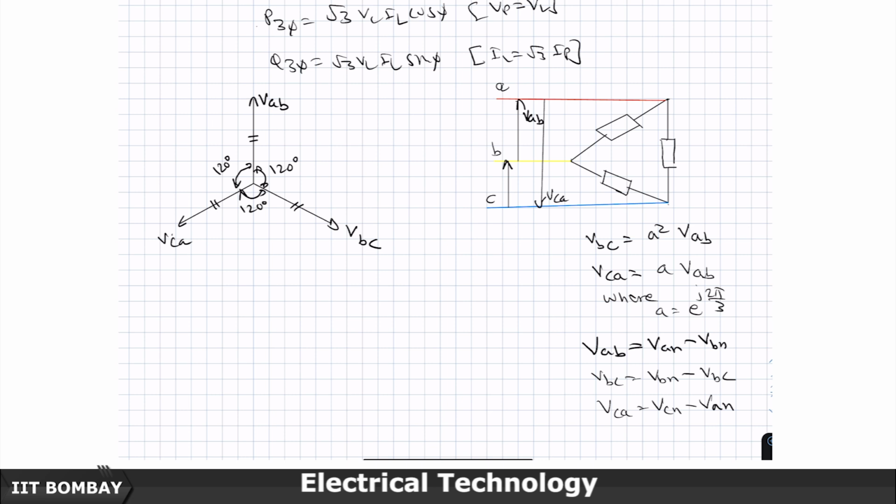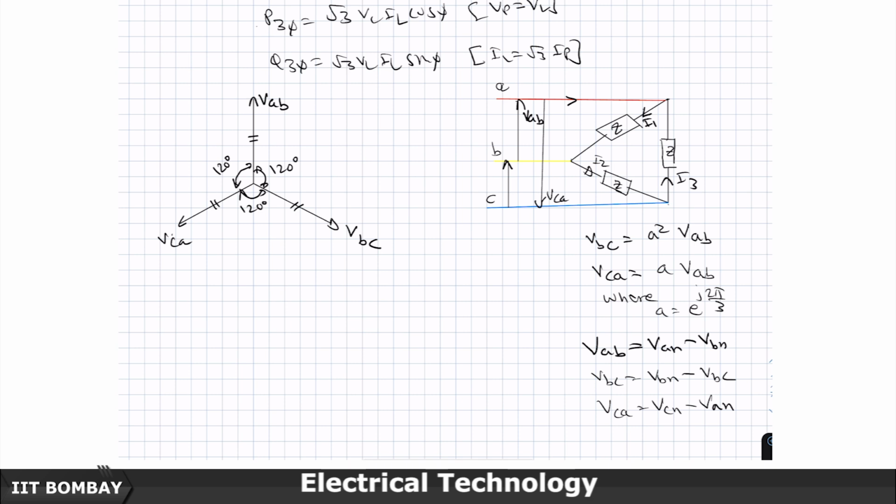Now, because I am saying that system is balanced, let all these three impedances be same, and so the phase current in this is I1, let us say, which is current from A and then going out like that. This is the phase current for the other one, I2, and this is the phase current for the third impedance, which I am going to call as I3.